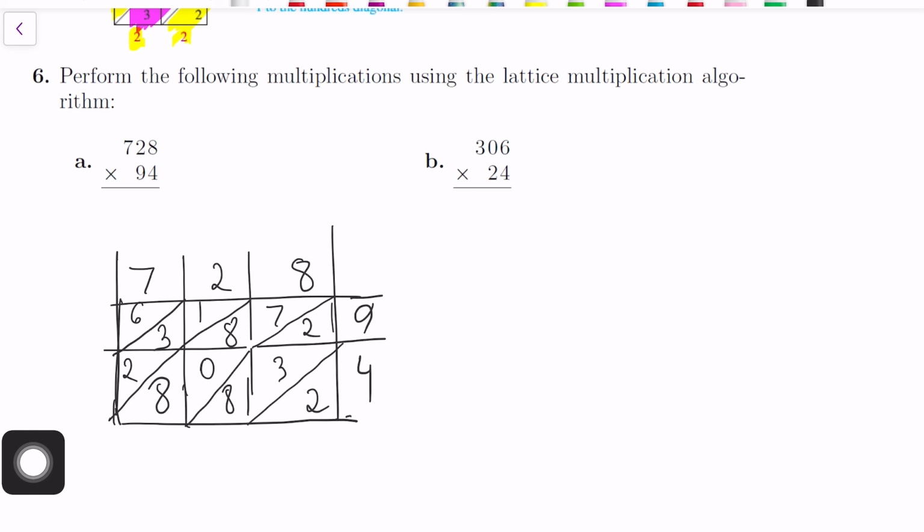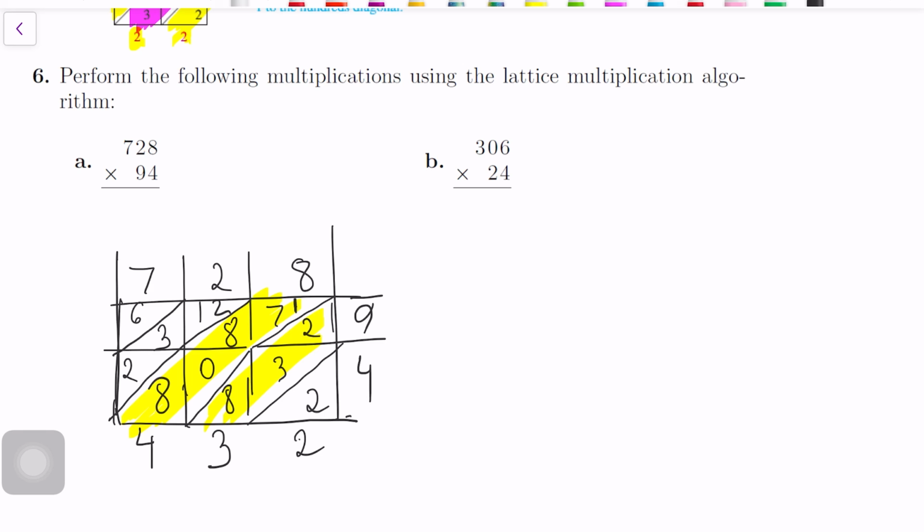And then I start from the right side, the number of units, so I put 2 here, right? Okay. Then I sum up this diagonal. That's 13, so that means 3 units and 1 is carried over. Then I sum up this diagonal, that's 24, right? So 4 and 2 carries over.